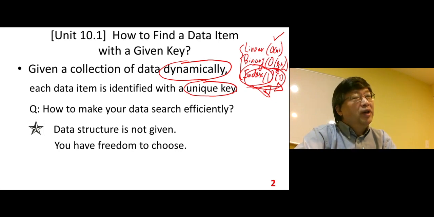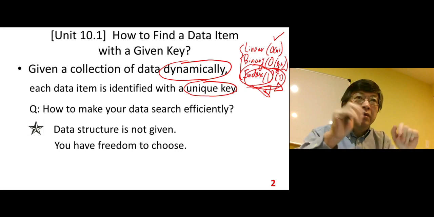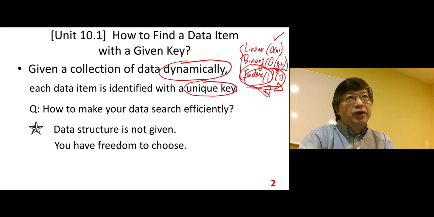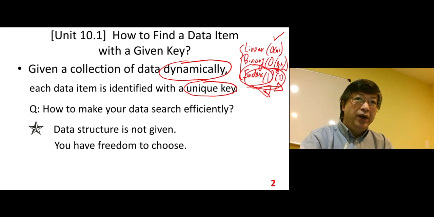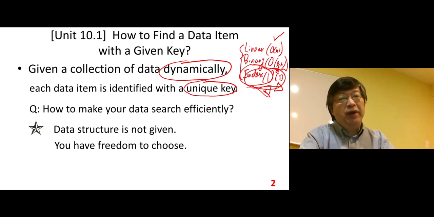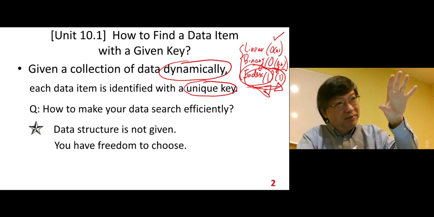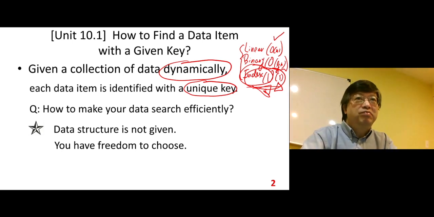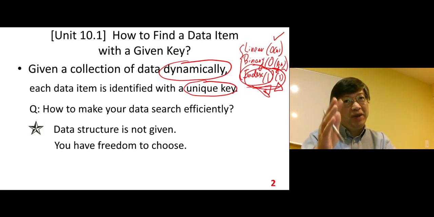A data structure helps us organize our data, so here we need to be very creative. When we create a new data structure, we try to put some nice property in it, so that we can take advantage of this property to do efficient search. That's the basic idea.